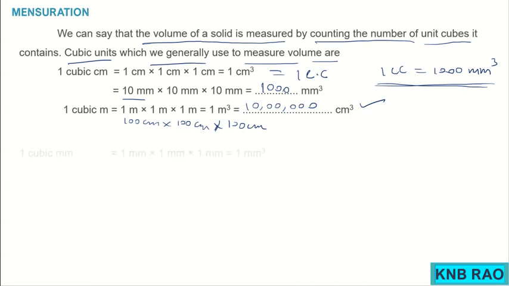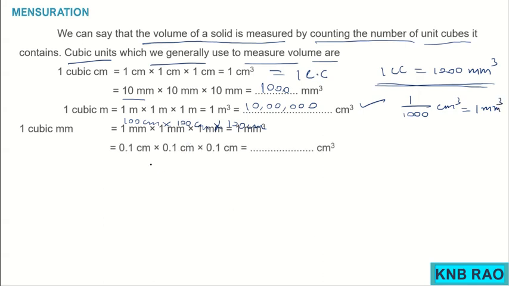Moving on, 1 cubic millimeter is converted back into centimeter cube. Just send 1000 this side, it divides. That means 1 upon 1000 centimeter cube is 1 millimeter cube.